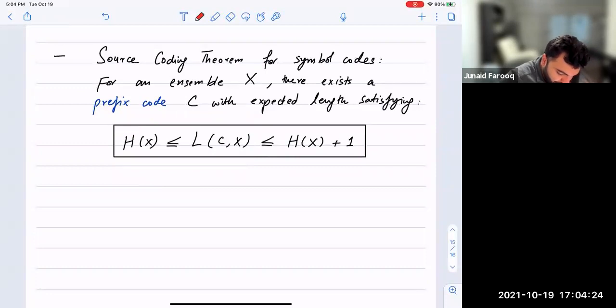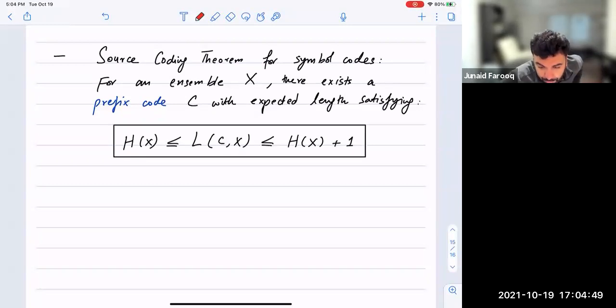By averaging over all the symbols, you are not going to exceed 1 bit more than what the entropy tells you. If you have 4 code words, then obviously 2 bits are enough, right?